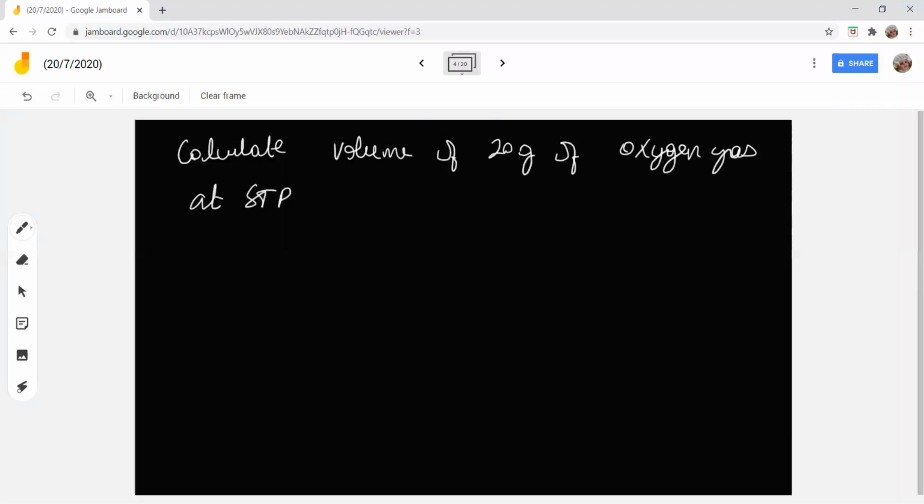So, mass and volume, how can you find out the relation? One statement is there. STP means standard temperature and pressure. Standard temperature means 273 Kelvin, and standard pressure is 1 atmospheric pressure.